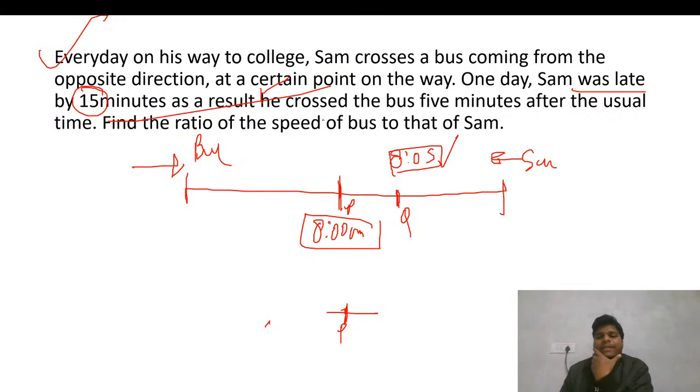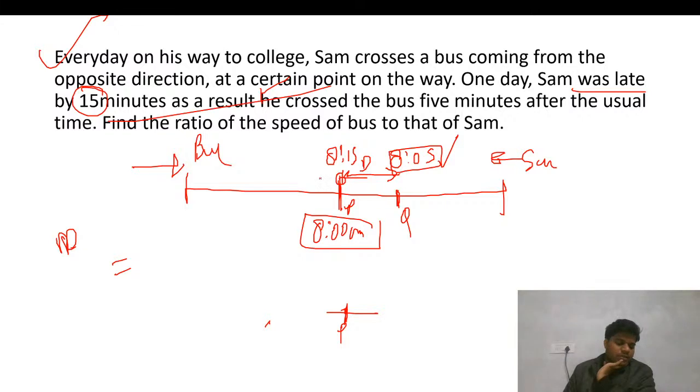But as Sam is late by 15 minutes, Sam will reach this point at 8:15. At 8:05 Sam is here, and at 8:15 will be here, so this distance is constant. He was 15 minutes late and crossed the bus 5 minutes after the usual time.